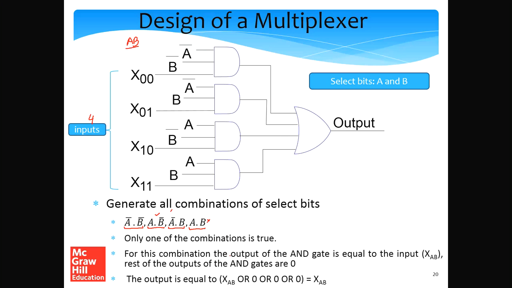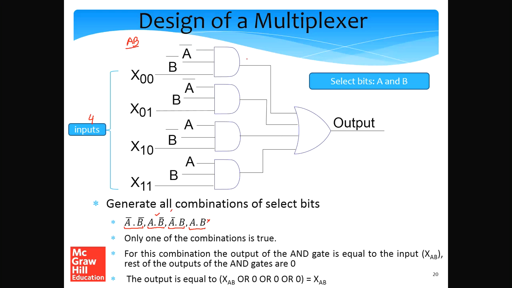The way we design the circuit is that we take each combination of the select bits, either the original bit or its complemented form, and we AND it with the input in an AND gate. Since only one of the combinations is true, the output of the rest of the AND gates will actually be 0.